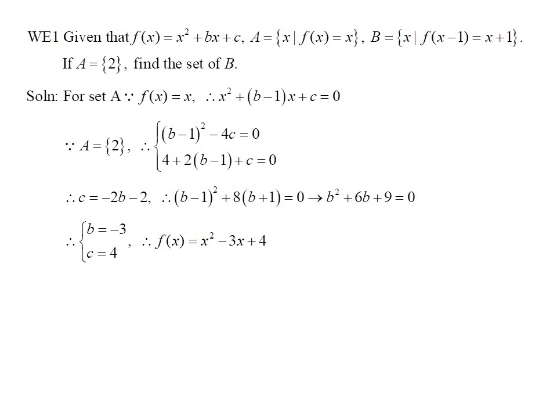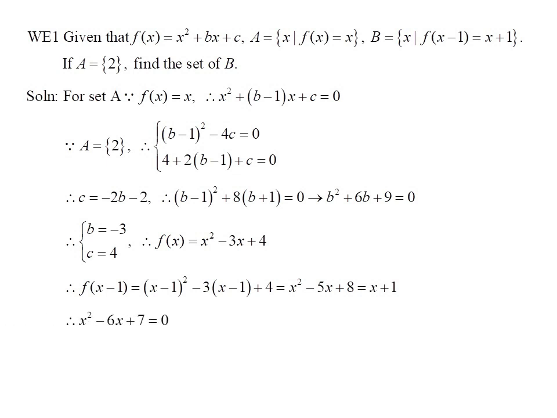The next step is to find the root in set B. Since the variable in set B is x minus 1, therefore f(x minus 1) equals (x minus 1) squared minus 3 times (x minus 1) plus 4, which equals x plus 1.